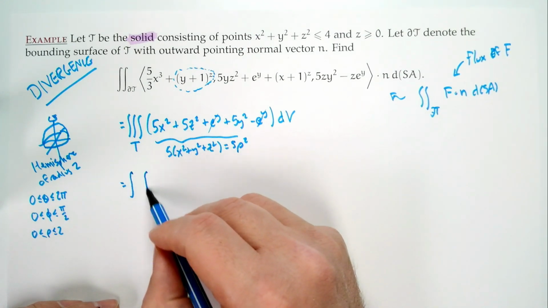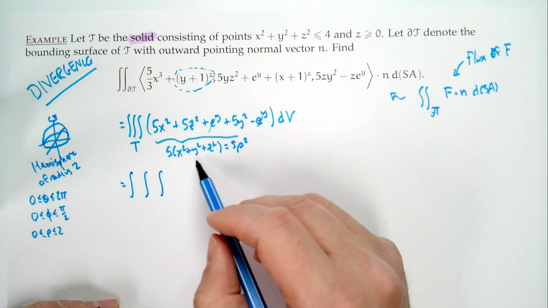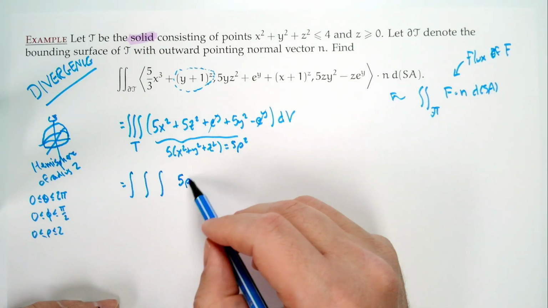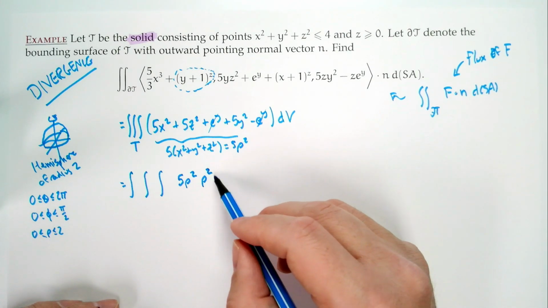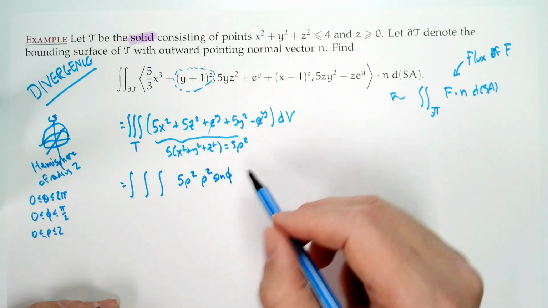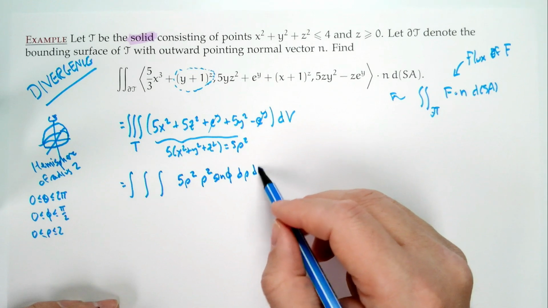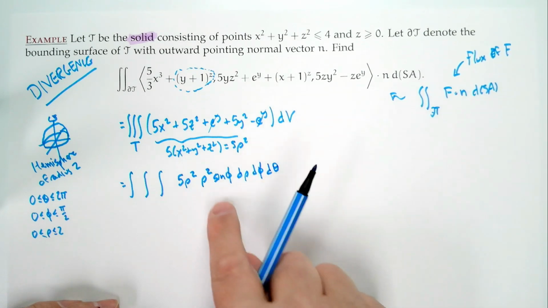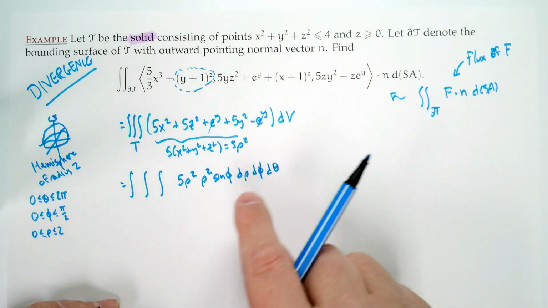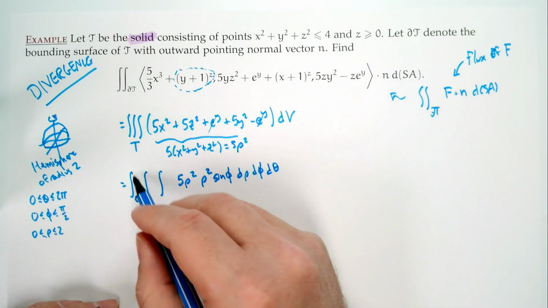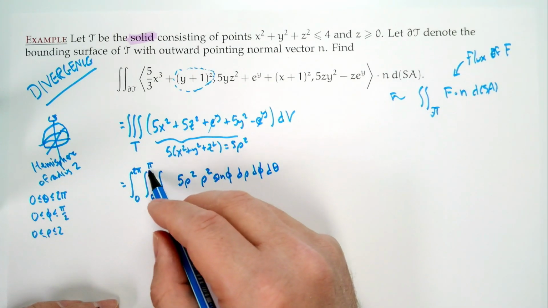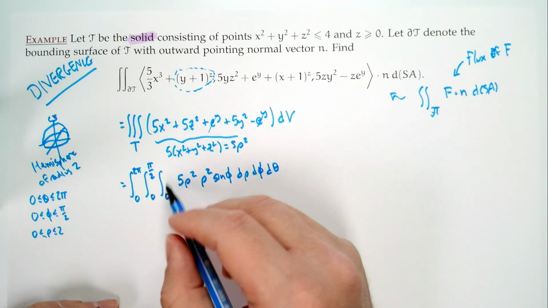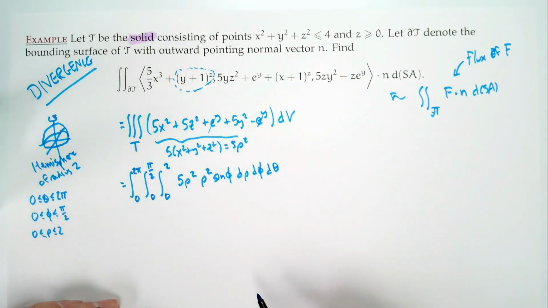So integral, integral, integral. This will be 5 rho squared, then you get our rho squared sine of phi d rho d phi d theta. Remember, that's our dV. And our bounds are 0 to 2 pi for theta, 0 to pi over 2 for phi, and 0 to 2 for rho.